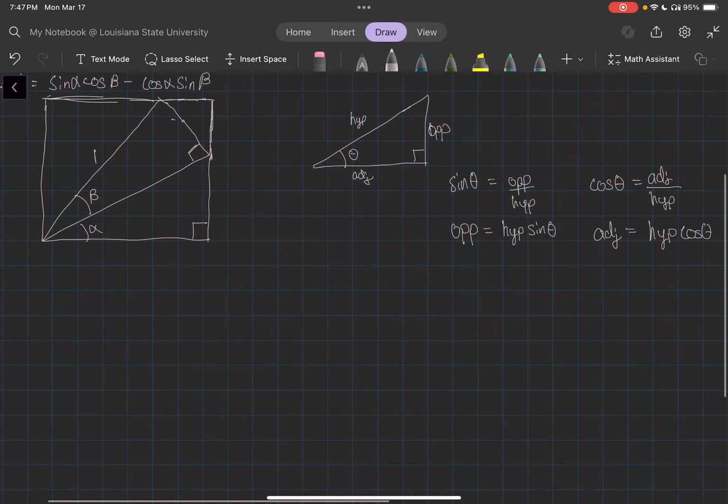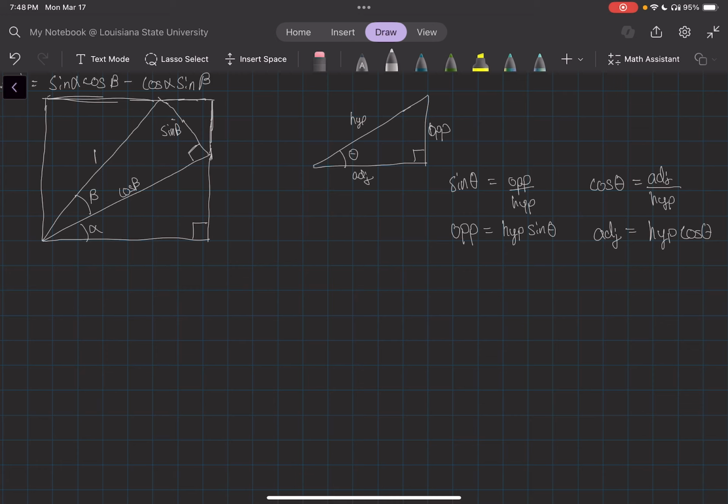And first, considering the triangle with interior angle beta and hypotenuse 1, our adjacent side would be just the cosine of beta, because our hypotenuse is 1. And then for our height, the opposite side would be the hypotenuse times sine of beta, or just 1 times sine of beta.